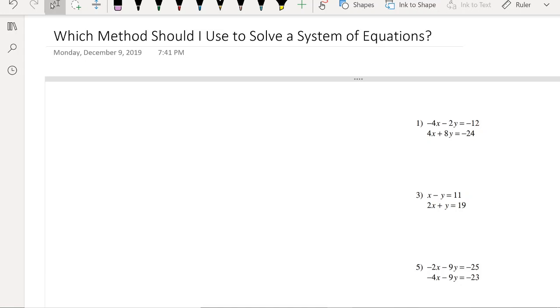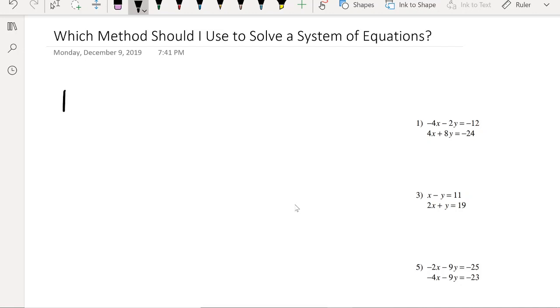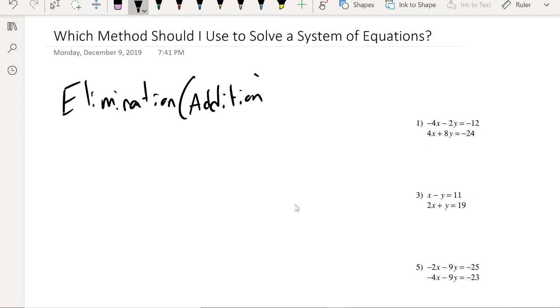So in order to figure out which one is the best, we have to talk about what the types are. If you've been on this topic for a little bit, you've likely heard of the big two, which are elimination, which is also called addition elimination sometimes, because it is sometimes easier to add the two equations and have the other equation already be negative so that stuff cancels.